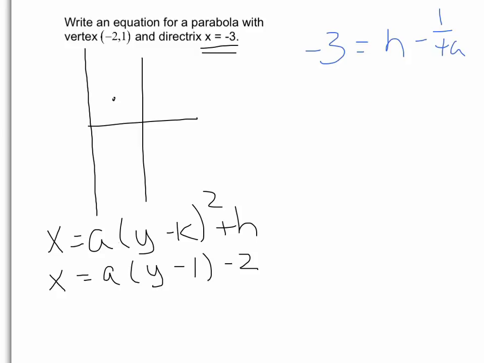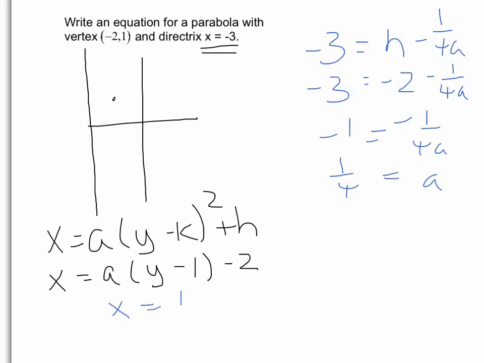So then we end up with -3 equals -2, the h value of the vertex, minus 1 over 4a. So -1 equals -1 over 4a, and again a equals 1/4. So our equation is x equals 1/4 times (y minus 1) squared minus 2.